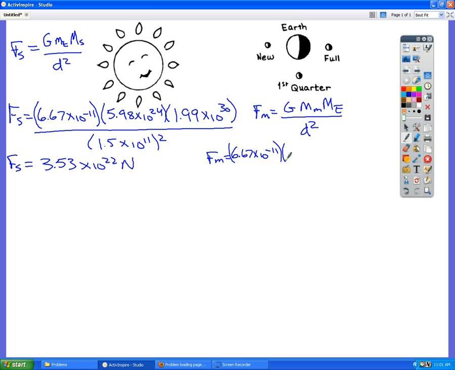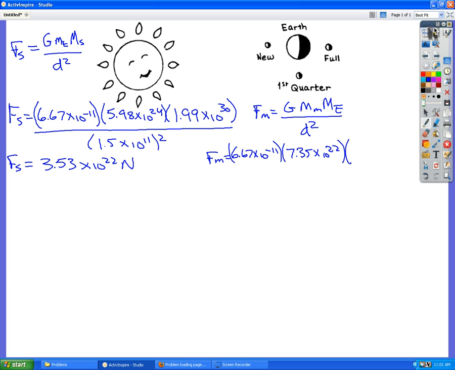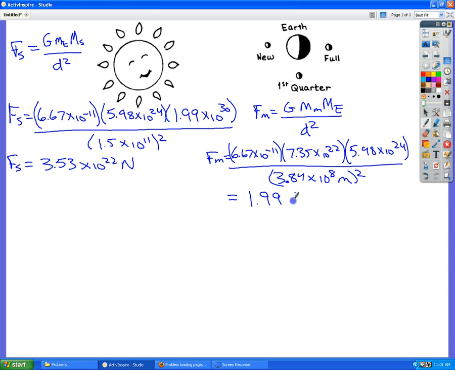Multiply that times the mass of the moon, which is 7.35 times 10 to the 22nd, times the mass of the earth, and the mass of the earth is 5.98 times 10 to the 24th. Divide that by the distance between the two, which is 3.84 times 10 to the 8th meters, and we need to square that.